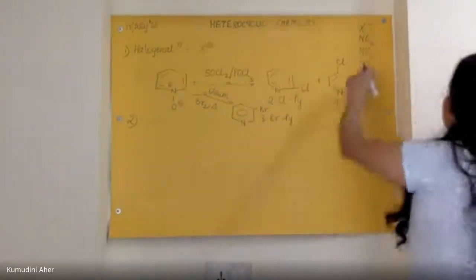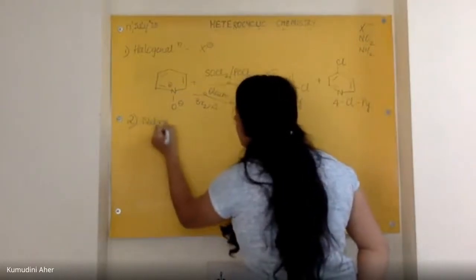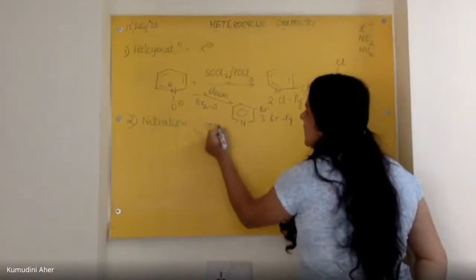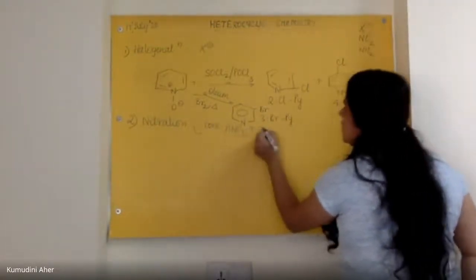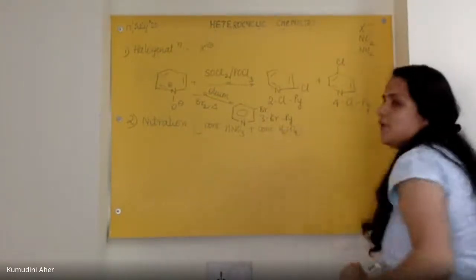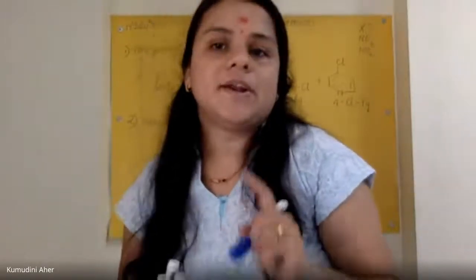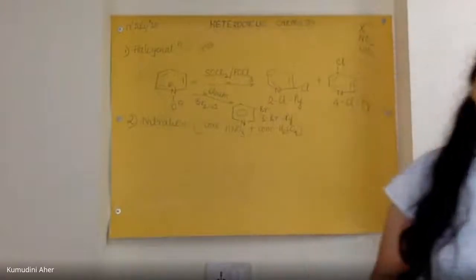So the next reaction is called nitration. In nitration, you always have to use concentrated nitric acid and concentrated sulfuric acid. Okay? For nitric acid, you should use fuming nitric acid. Then and only then the nitration reaction takes place.